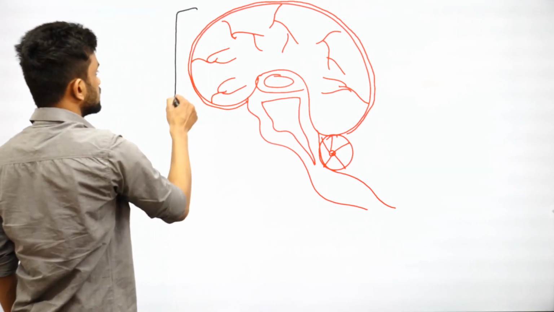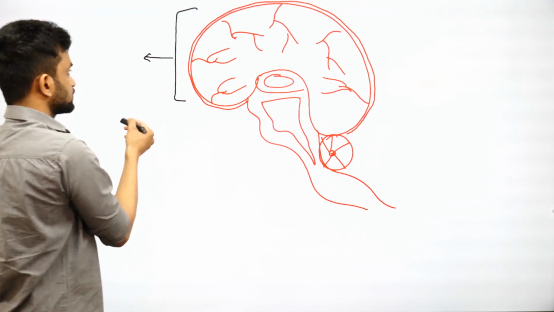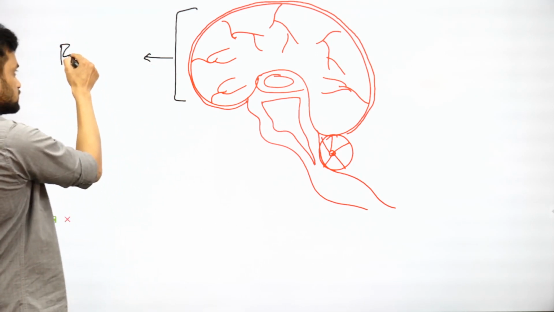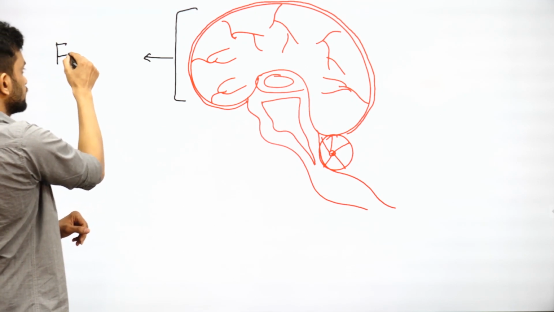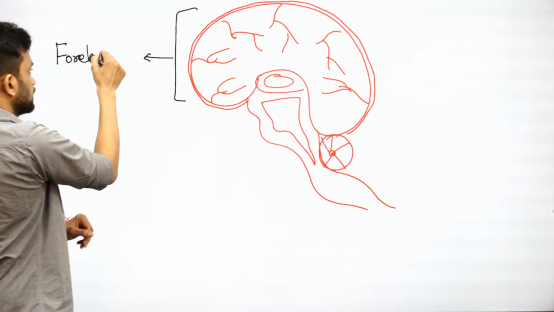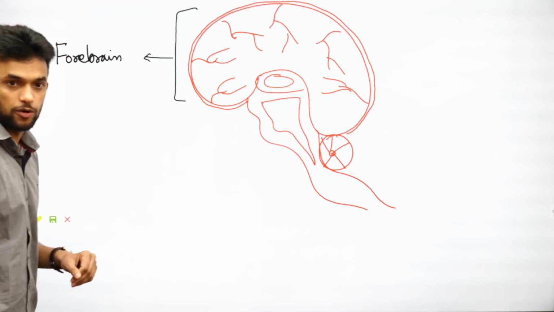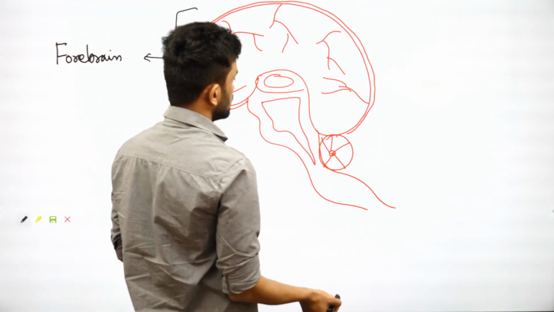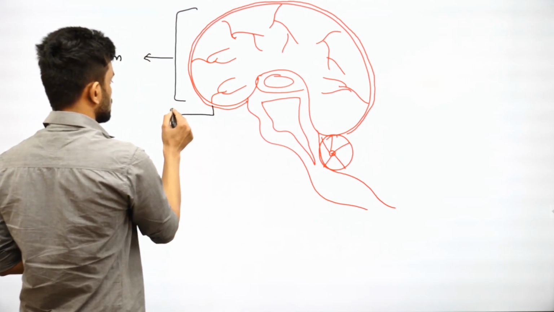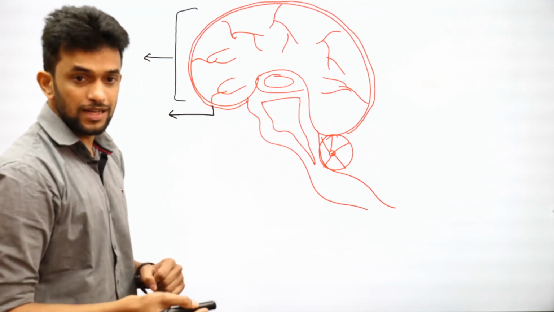So this is my forebrain, the cerebrum part. Then, what is the covering of the brain, people?